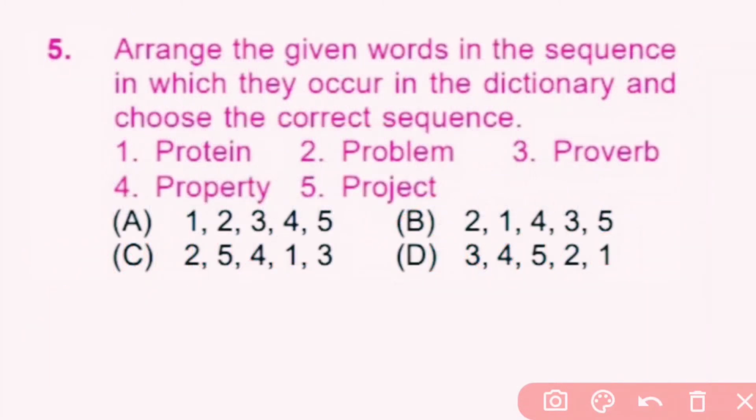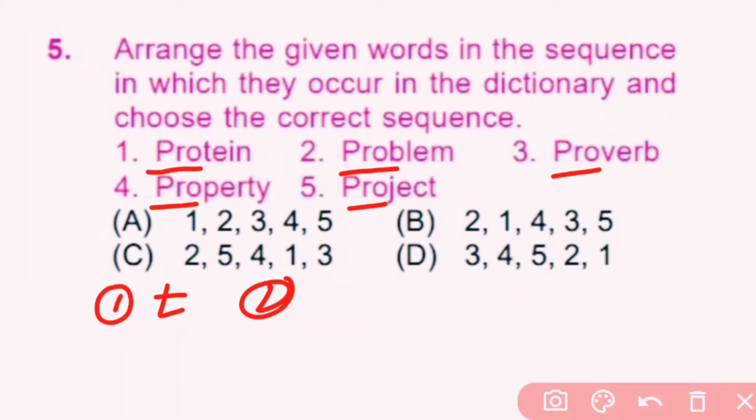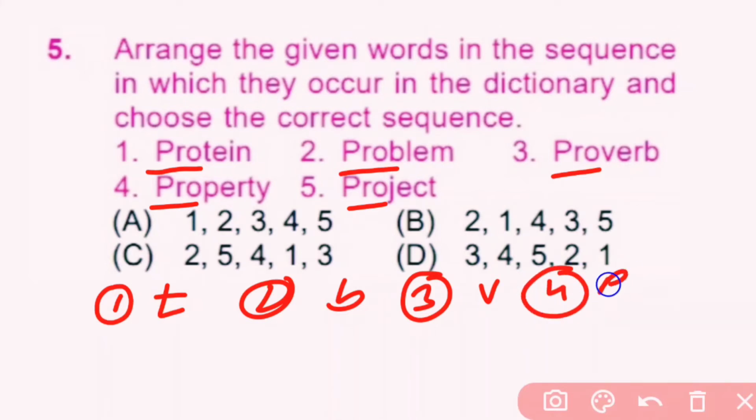Question number 5. Arrange the given words in the sequence in which they occur in the dictionary and choose the correct sequence. So in the given words, first three letters are same. We will check the fourth letter. T, B, here in option 3, V is there, option 4, P is there, and option 5, J is there.